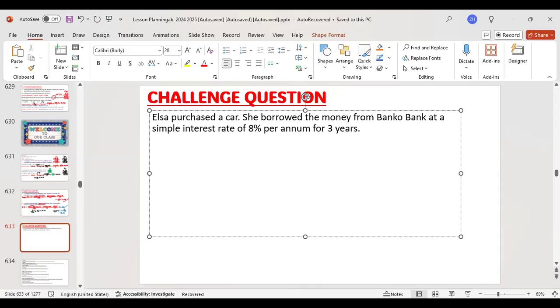She paid the bank $6,360 in interest charges. Question A. Calculate the amount borrowed from the bank.